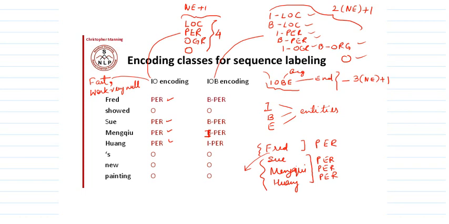But when we have informal or noisy text, we could see that these kinds of scenarios and cases are much higher in number, right? So when we are solving a task related to clean text, we can do it very easily with IO encoding. But when our NER task is based on noisy text, we need IOB encoding or IOBE encoding.